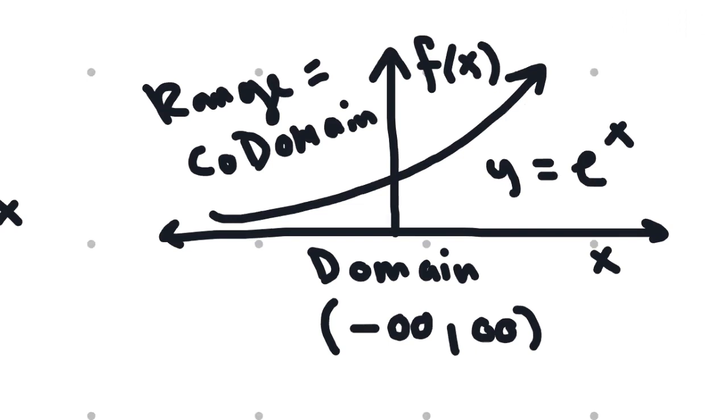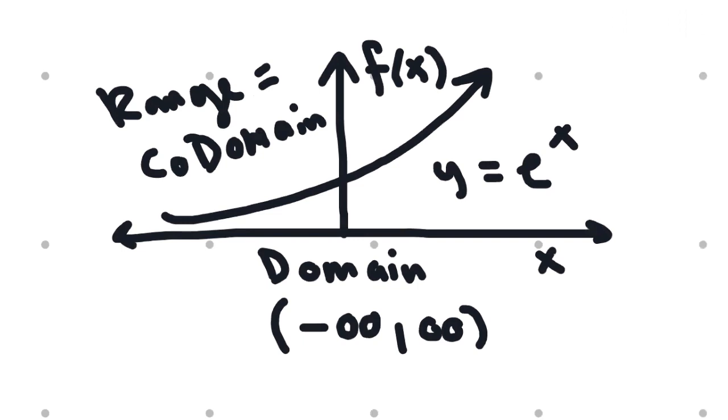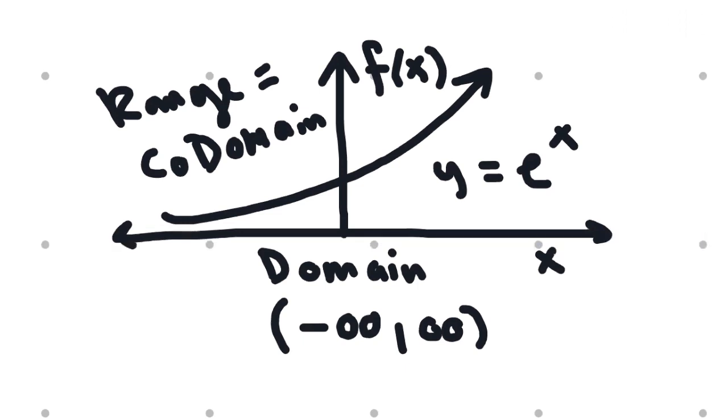We know that all the x values, horizontal, all the x values for which a function is defined, is called the domain. In here, maybe the domain is going to be all real numbers, or negative infinity to infinity.